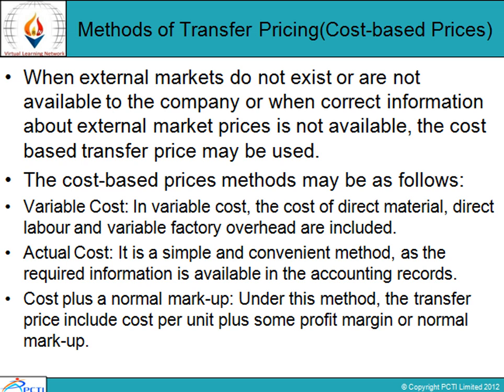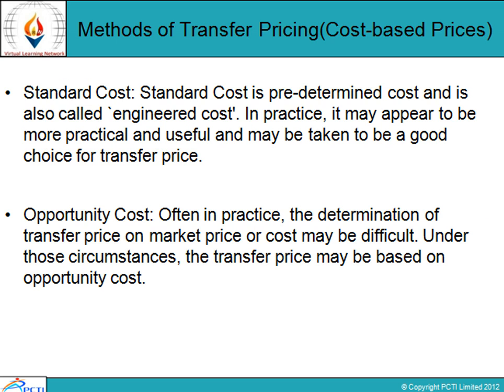Then comes cost plus a normal markup. इसमें क्या होता है? Here the transfer price includes cost per unit of a product plus some profit margin, which is basically a normal markup and not a supernormal or abnormal markup. Then comes standard cost.